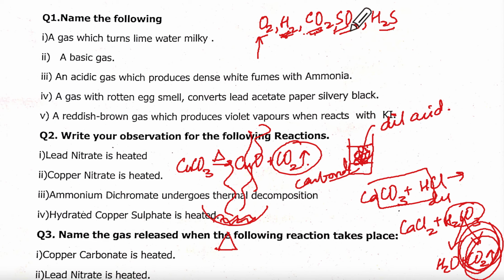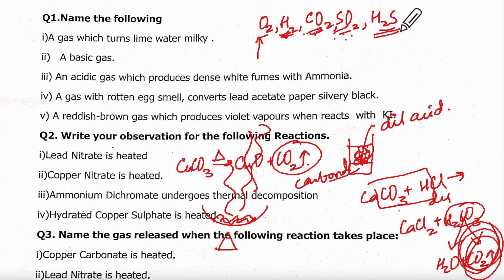Okay. So SO2 is also what? Colorless gas, but it has a smell. Suffocating smell. It smells of burning sulfur. Correct? And then you know that it turns lime water milky and acidified K2Cr2O7 solution from orange to green.